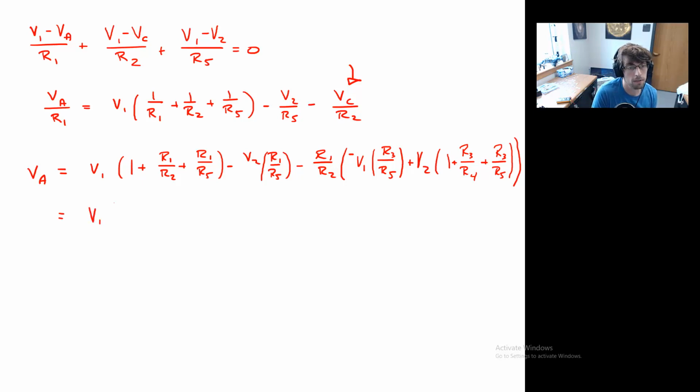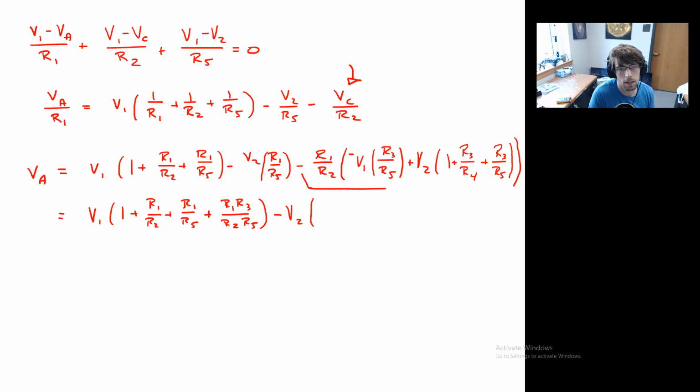And so we get something like V1 times 1 plus R1 over R2 plus R1 over R5, and then R1 over R2, so we get a plus, a double negative, R1 R3 over R2 R5. And then with V2, I'll put a minus V2. Then notice we have a minus sign and then a positive sign, so we keep the negative.